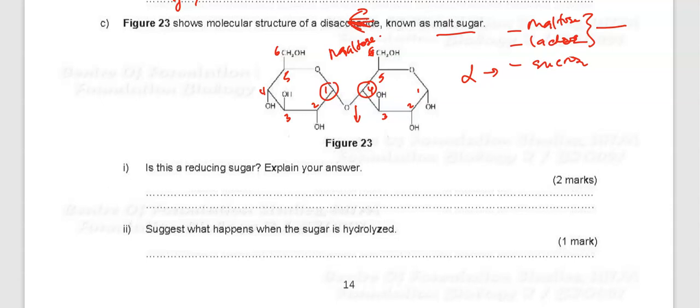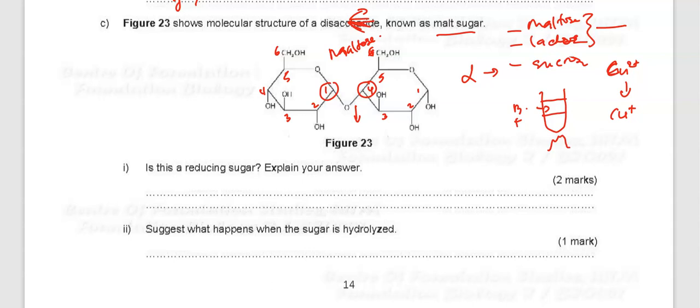It reduces the copper ion, Cu2 plus, to become Cu plus. From copper 2 sulfate, it becomes copper oxide, when you heat this solution that contains Benedict reagent with your food sample.